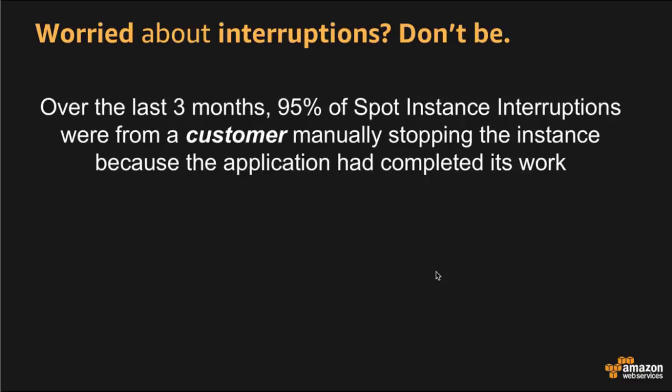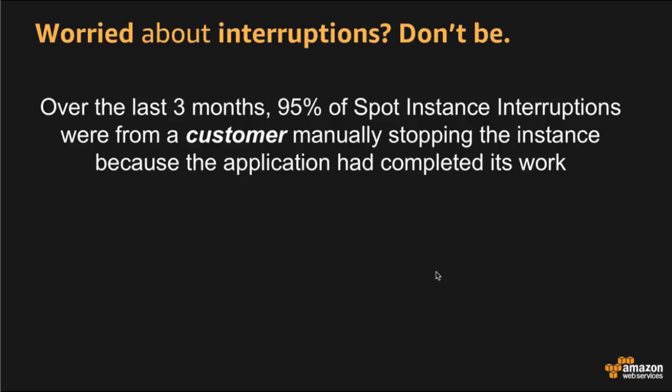In the last 3 months, 95% of Spot instance interruptions were from customers manually stopping the instance, either because their application has completed, the work they were performing is done, or they want to redo it in some other manner. So when you are using EC2 Spot, less than 5% of interruptions are initiated because on-demand needs the capacity.